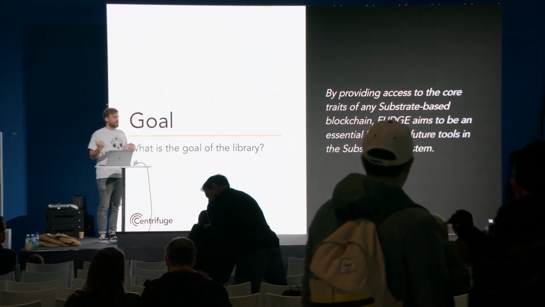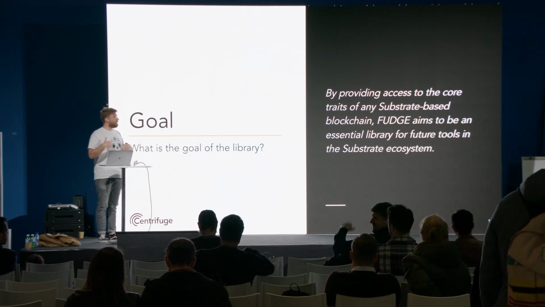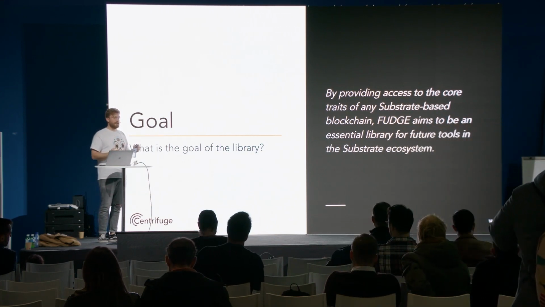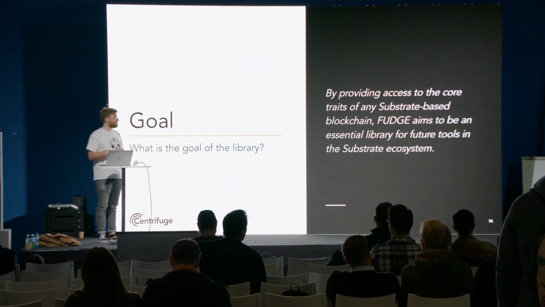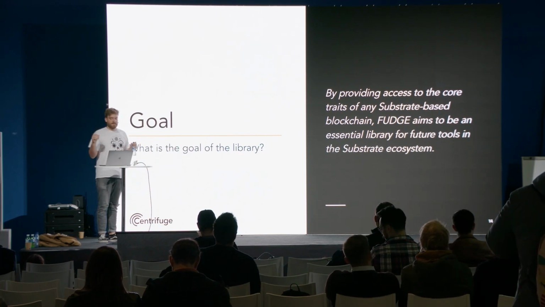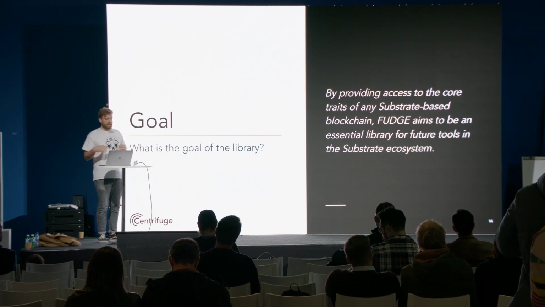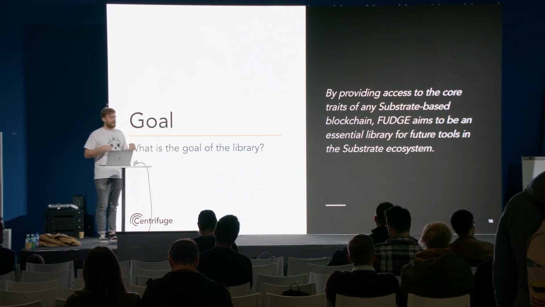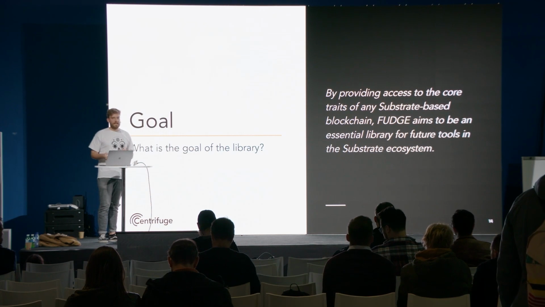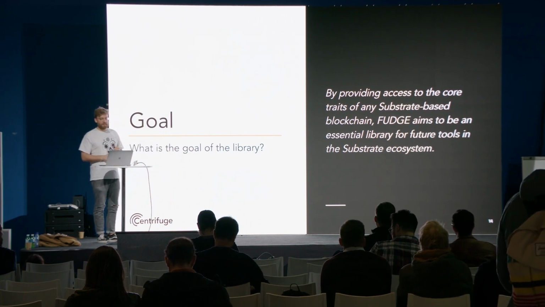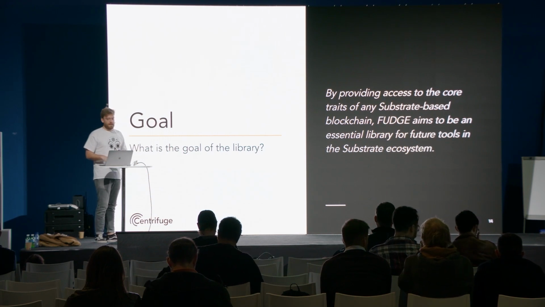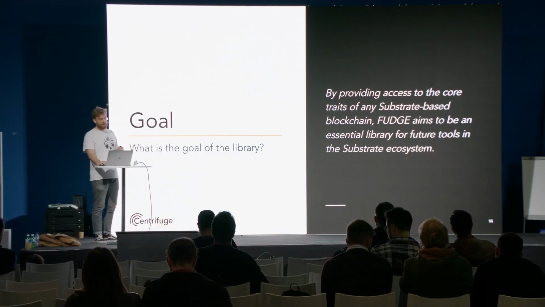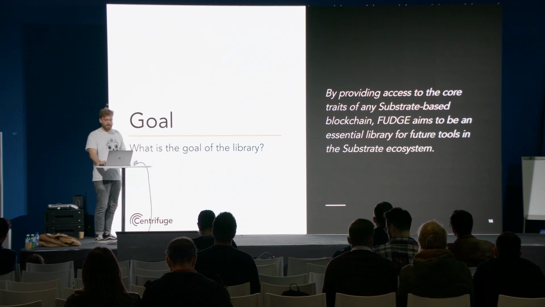And we at Centrifuge hope that by giving you a simple way to access and use those functionalities, you will be able to build tools on top of that, which can be used for analyzing your state, or maybe just easing the development experience we have in general with Substrate. Let's see if this is possible, but this would be the ultimate goal.